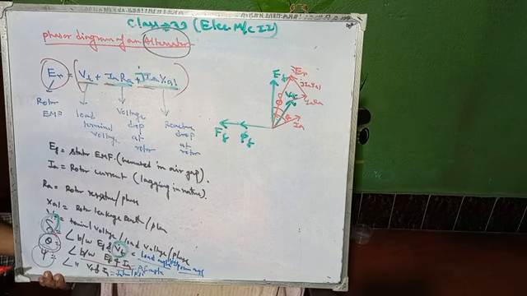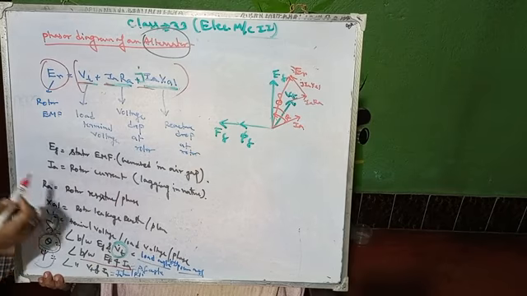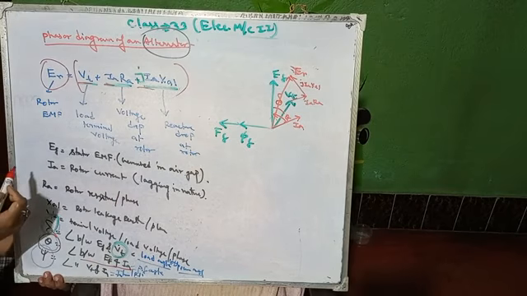This is theta, this is delta, and the remaining one is psi.